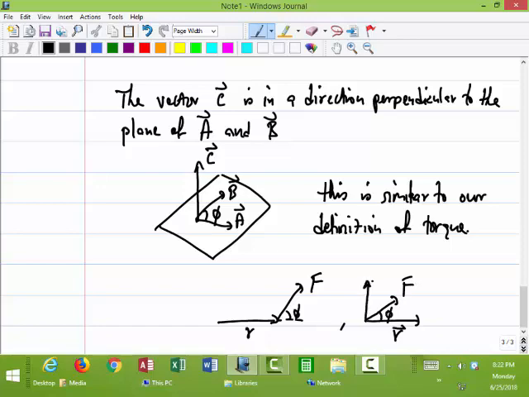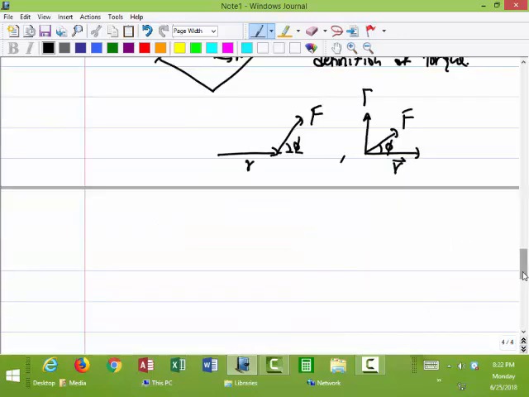So the torque is a vector that points perpendicular to the plane of those two vectors. So we can write torque to be equal to R cross F, which can be written as R F sine phi, where phi is the angle between the two vectors.